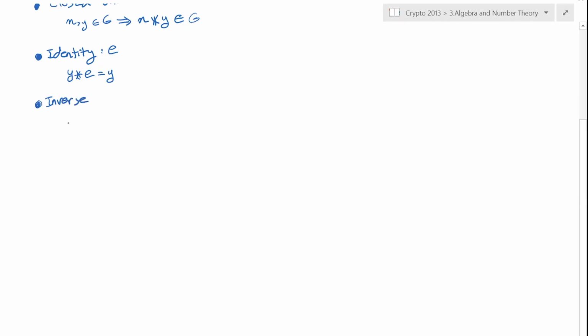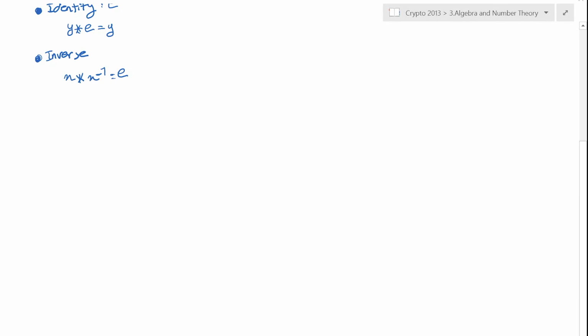The inverse of an element X is such that when you do the asterisk operation of X with X minus 1, the inverse of X, you are supposed to get back E. And then the last one is associativity.